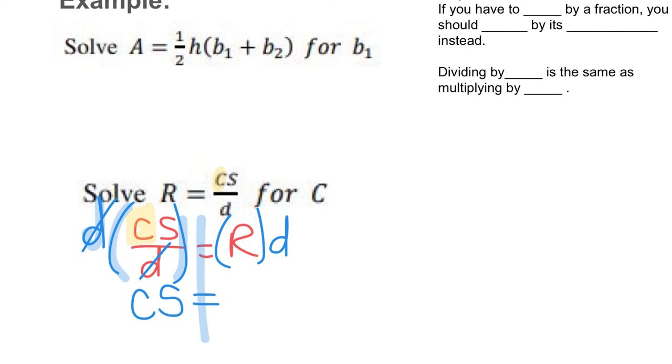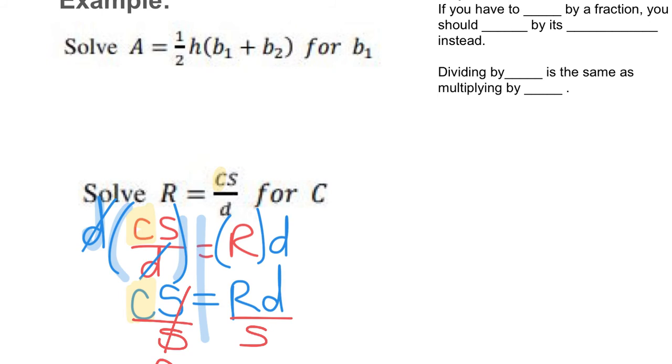And then over here, I'm going to have R times D. So the last thing I need to do is find a way to split the C and the S up, because I've got to get the C by itself. To remove the S that's being multiplied by it, I'm going to just divide by S. So that means my C is now alone.